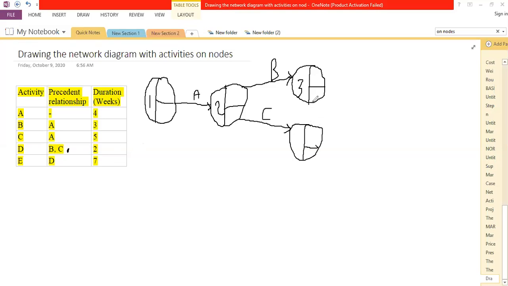For example, I will opt to go with the dummy pointing towards C. But in this case, you can also have it towards B. It will still be okay.